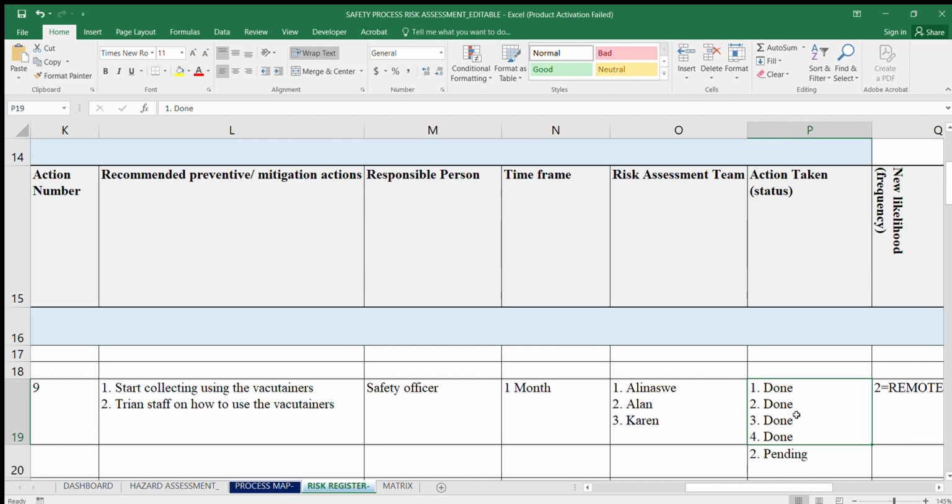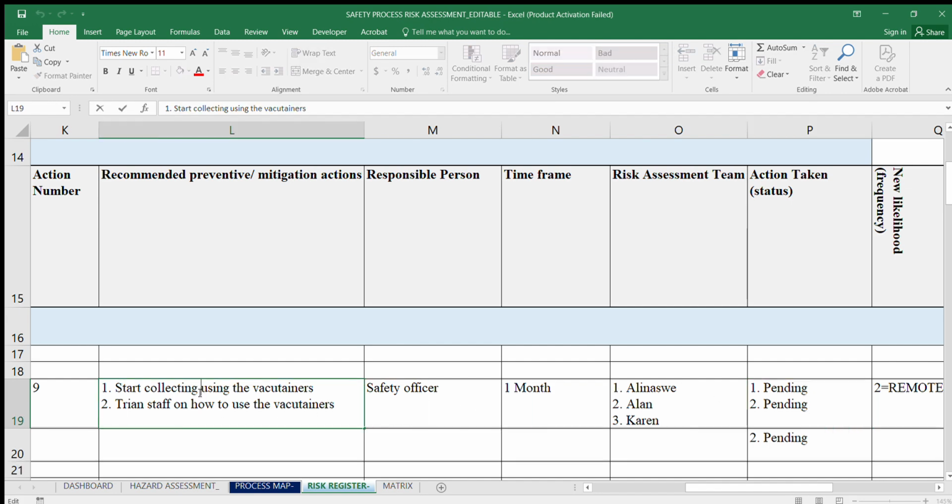So if you do the risk assessment today, it means that all your actions will be pending until you implement. So even 2 is pending since we have 2 action items. So number 1, which is you start collecting samples. Sorry, I think I didn't finish this part. So start collecting samples using vacuum.